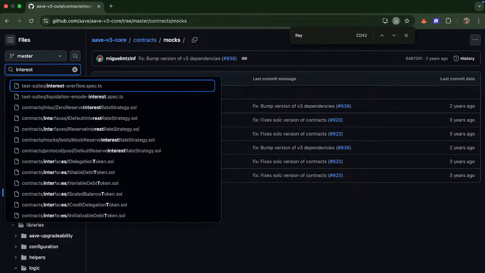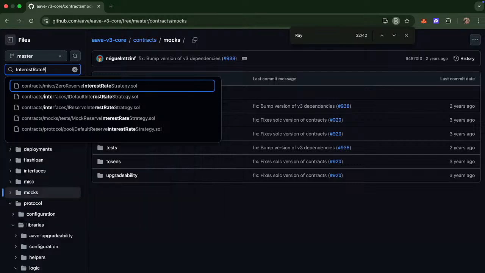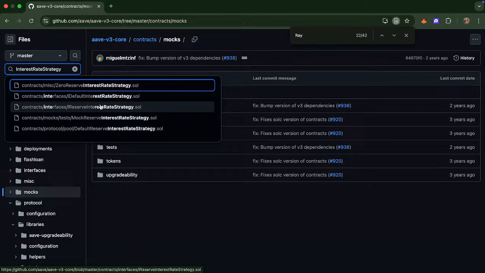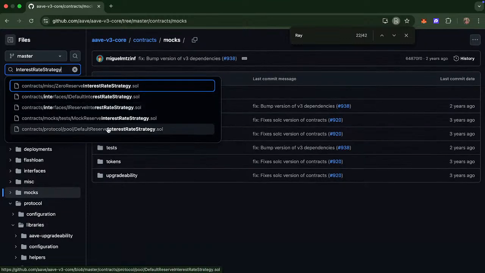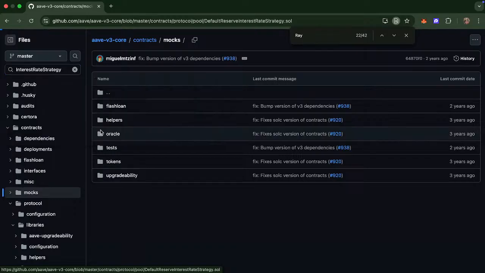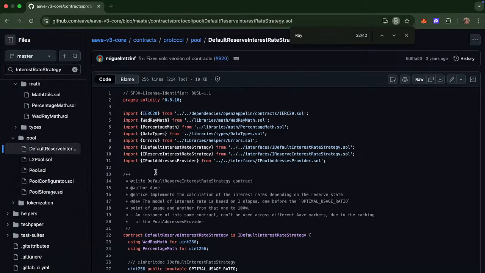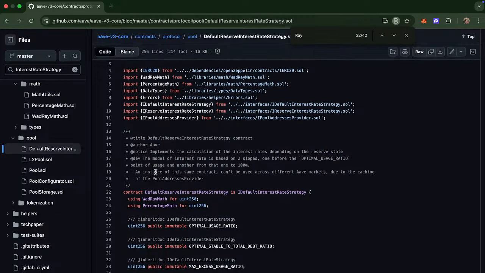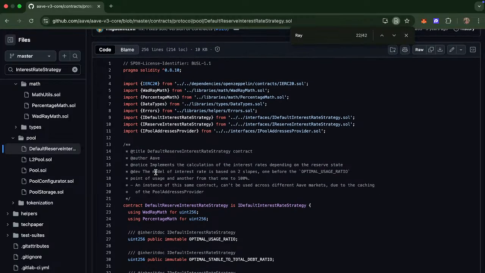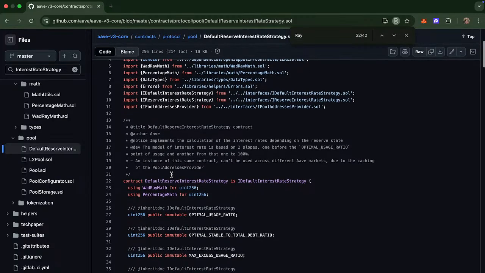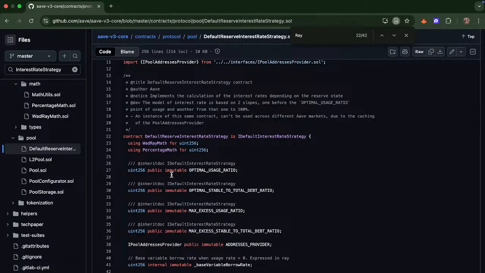Interest rate strategy. Default reserve interest rate strategy.